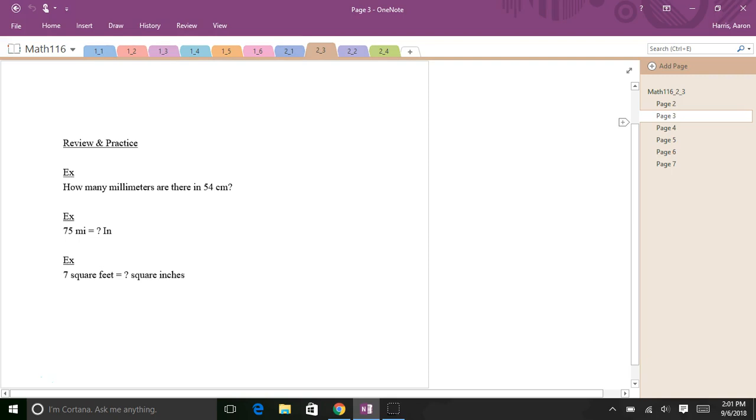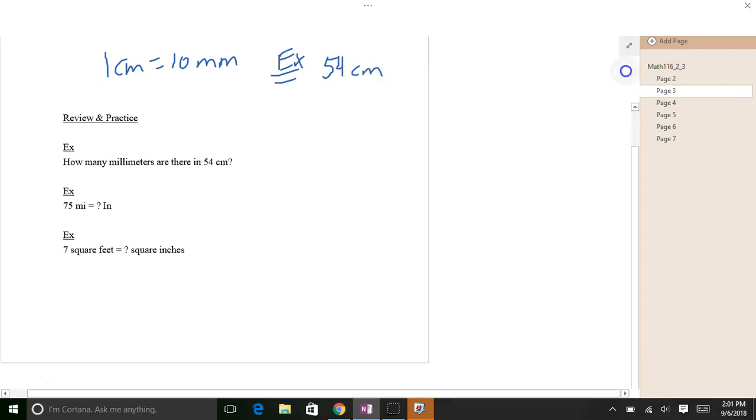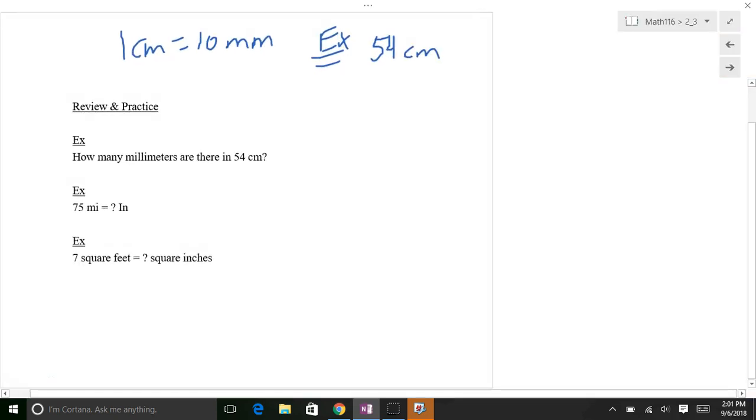Let's start out with an example. How many millimeters are there in 54 centimeters? First of all, we have to know that for every centimeter, it's 10 millimeters. So if we start out with 54 centimeters, we can convert that to millimeters.